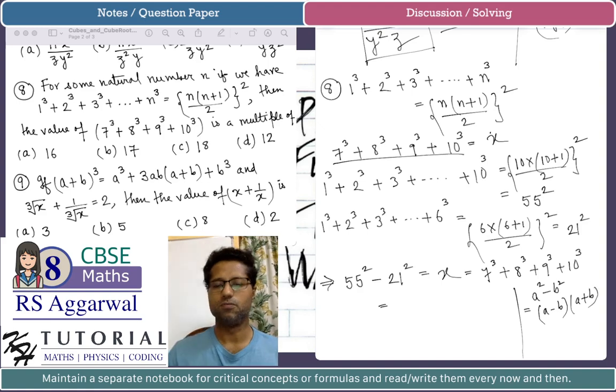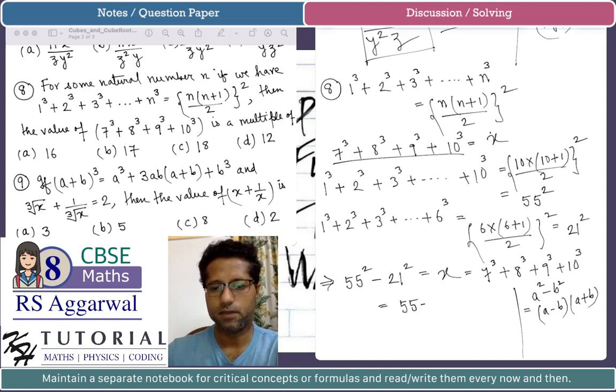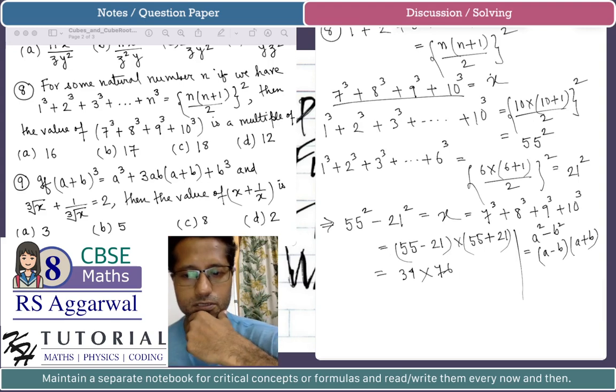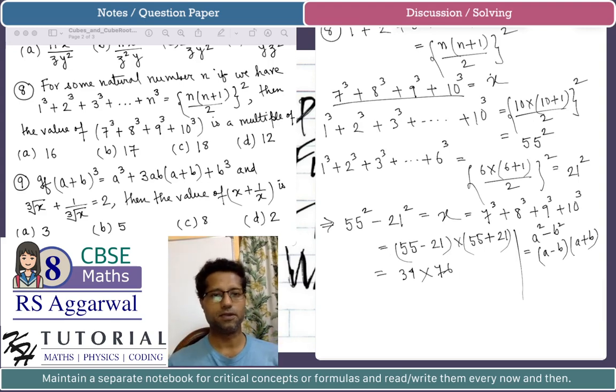So using this formula, 55 square minus 21 square will be 55 minus 21 multiplied by 55 plus 21. 55 minus 21 is 34 and 55 plus 21 is 76. So 34 multiplied by 76 is the value of the given expression, that is 7 cube plus 8 cube plus 9 cube plus 10 cube is equal to 34 multiplied by 76.